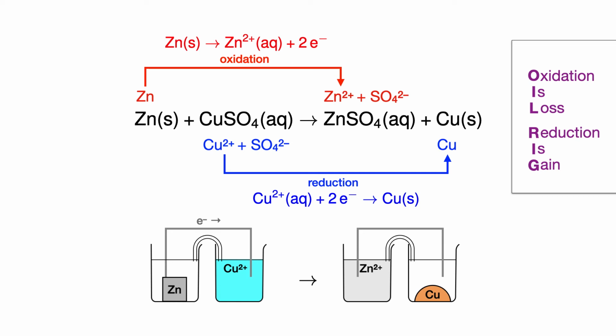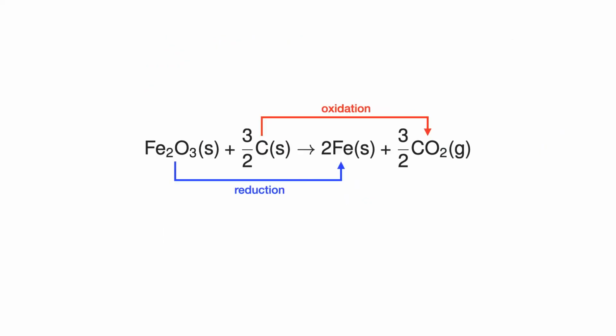So let's take a look at how these ideas apply to the smelting of iron ore. In this reaction, we said that the iron oxide is being reduced to iron metal, and the carbon is being oxidized to carbon dioxide.